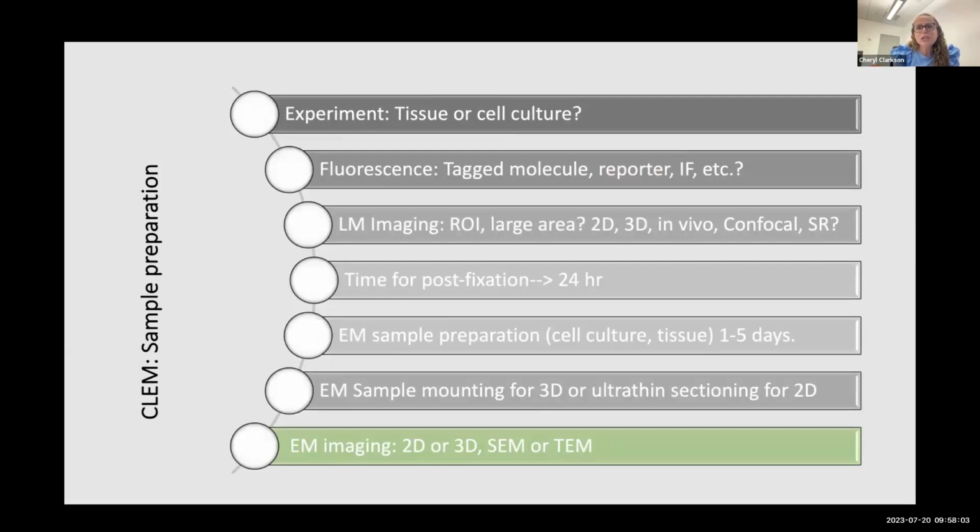We have to be sure, because sometimes for CLEM you really don't need the 3D. You can run it with 2D, or we need the 3D because I want to have the volumetric resolution. Or if I want to do it with SEM or TEM, you have different options, even using the same sample preparation.